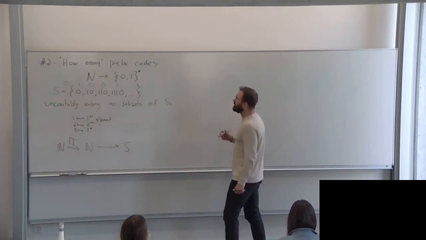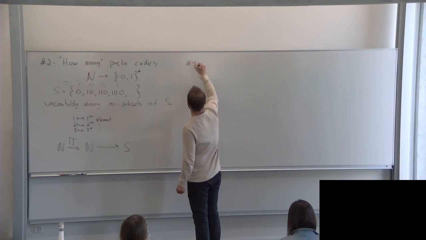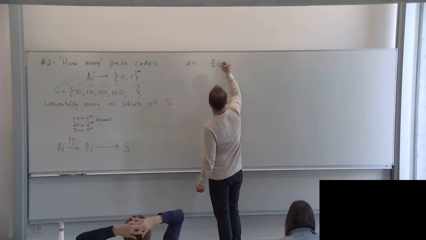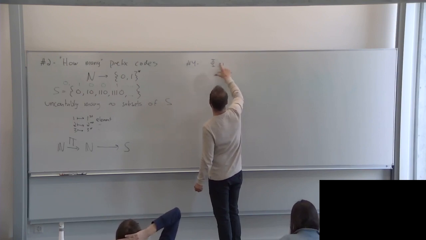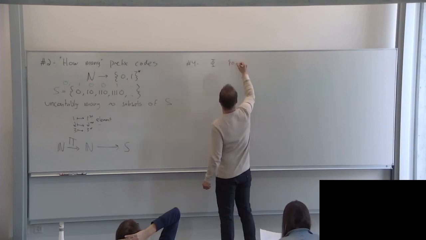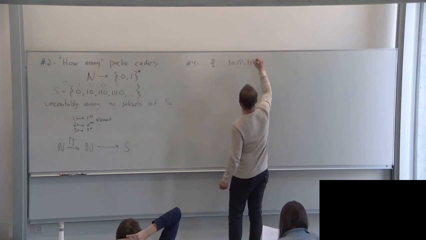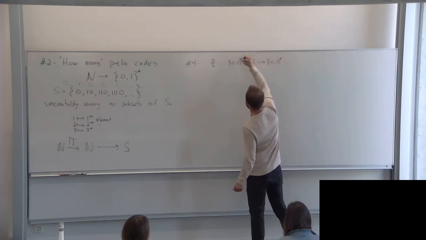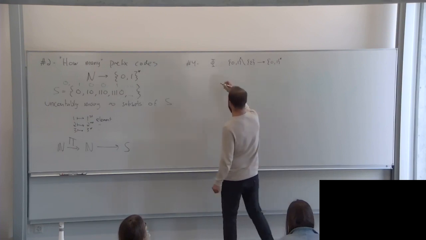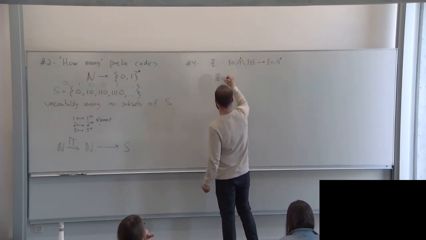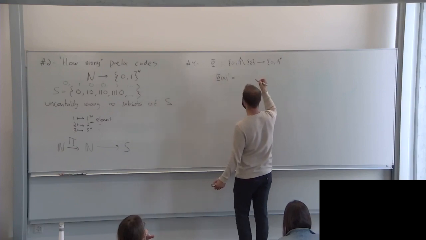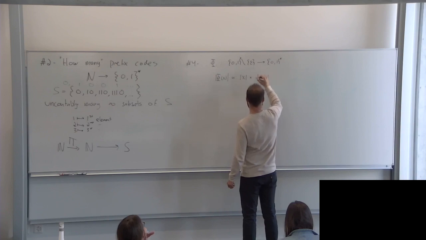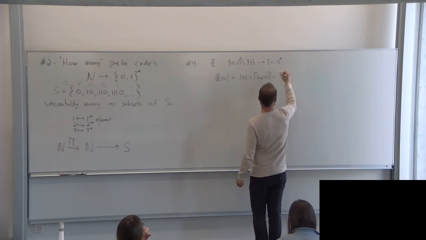I guess the other question that was a bit harder was number 4. I asked if there was a prefix code of x, in fact, the prefix code of {0,1} except the empty word onto {0,1}*, with length equal to length of x plus log of length of x, take the ceiling, plus 1.